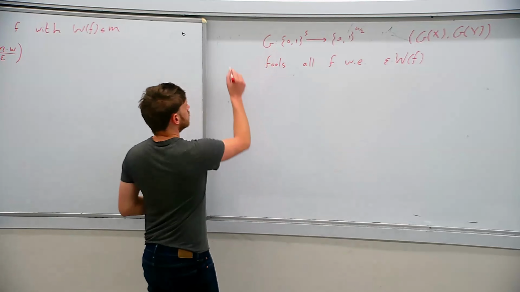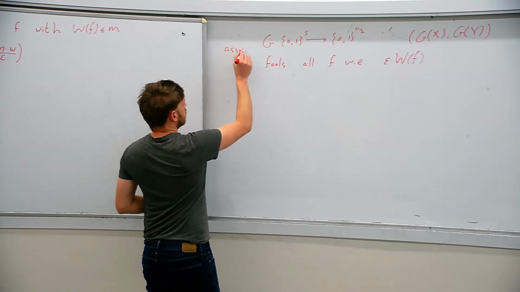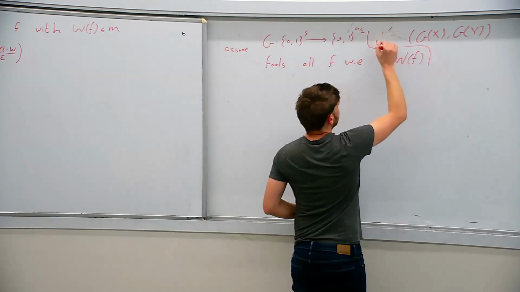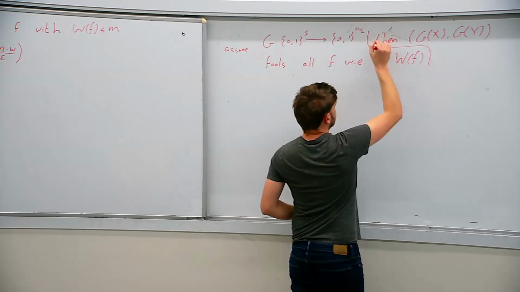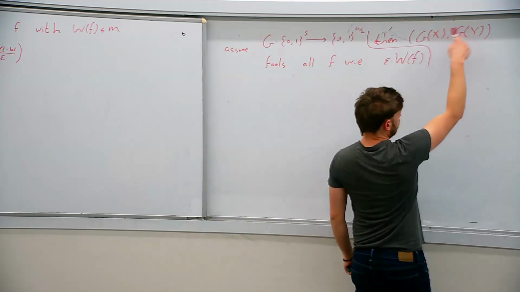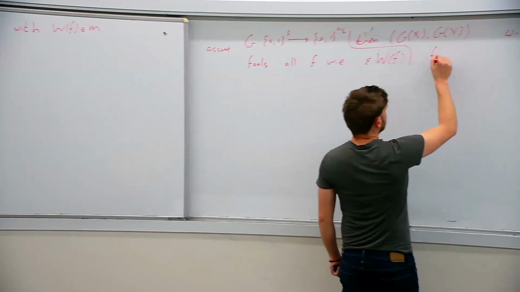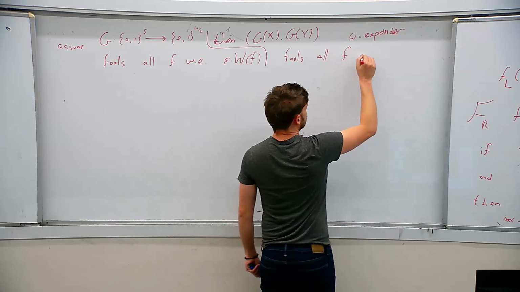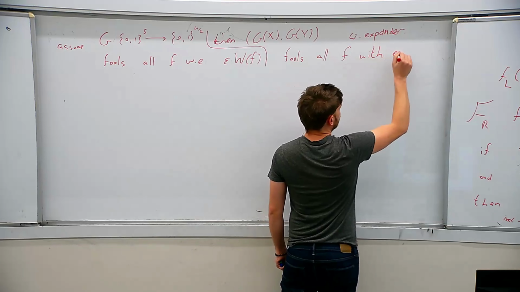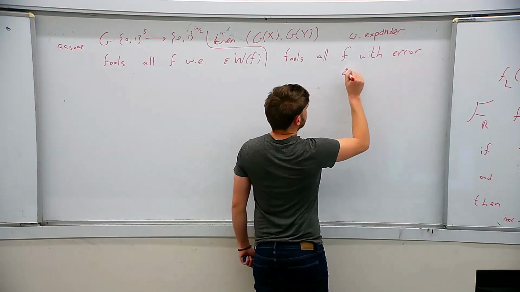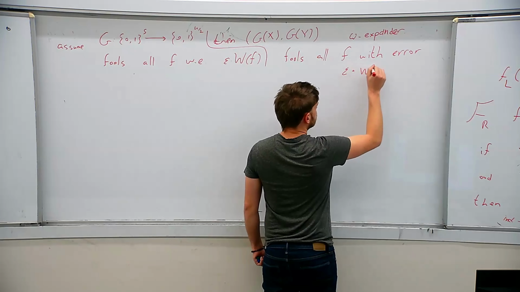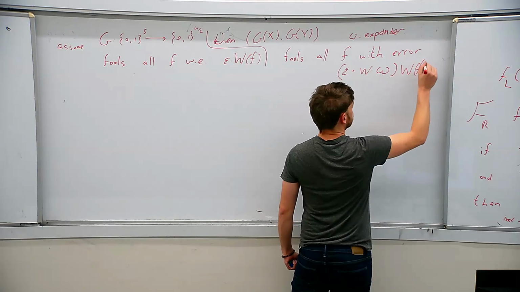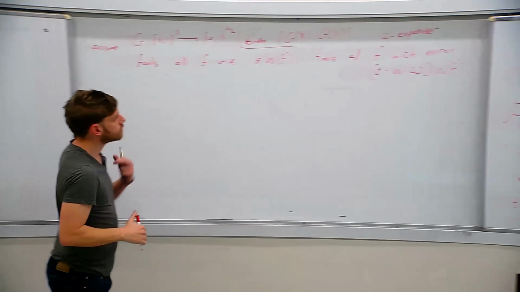So assume this, then this PRG fools all F with epsilon plus W times omega, the weight of it.